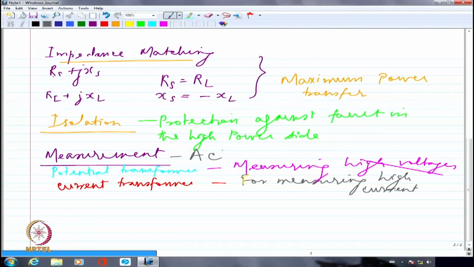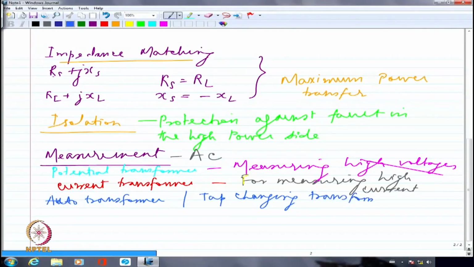Last but not the least, there are also autotransformers and tap changing transformers. An autotransformer is, for example, a single winding transformer. So I may just have a winding which is wound on a core.